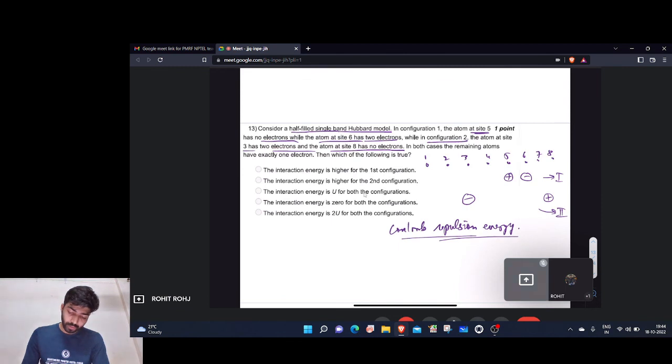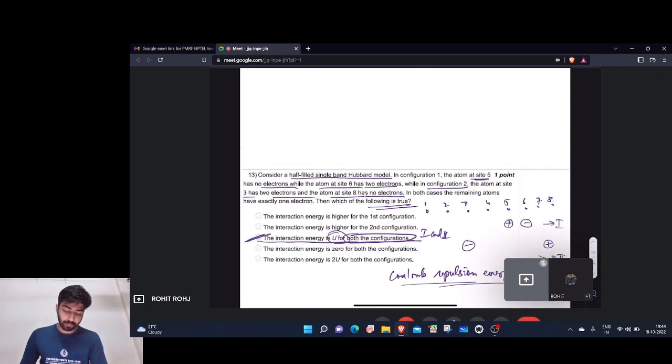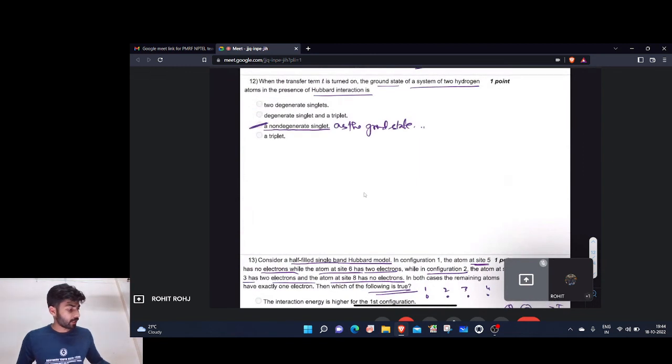So which of the following is true? Option A would be that the Coulomb interaction energy U will be the same for both configurations, that is, for 1 and 2 there will be the same Coulomb repulsion energy. That is mostly a drawback of the model. So the correct option would be option number 3. And this is how we have finished solving assignment 11.